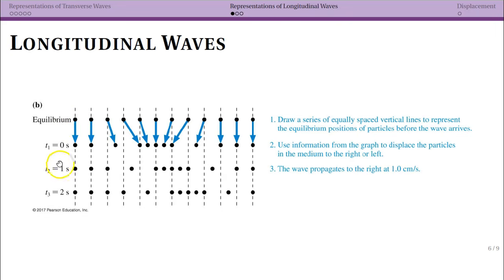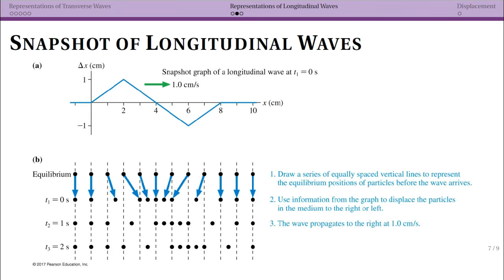So what can we plot here? We can plot these changes in position from our original equilibrium position. So what that's going to look like is delta x is going to be this way, right? This is going to be our x direction. So not only do we have the x direction as our horizontal axis, but we are also looking at how individual particles have moved in the x direction, and that will be on our vertical axis.